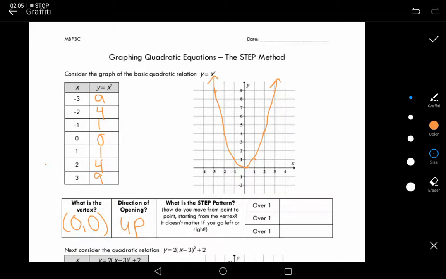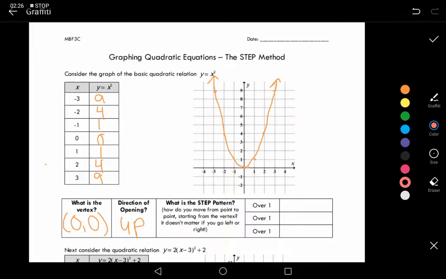Okay, now this is the new part. So it says, what is the step pattern? So the step pattern is asking us, how do you move from point to point starting from the vertex? And it's not going to matter if we go left or right. So it's asking us, starting at the vertex, how do we get to our next point?